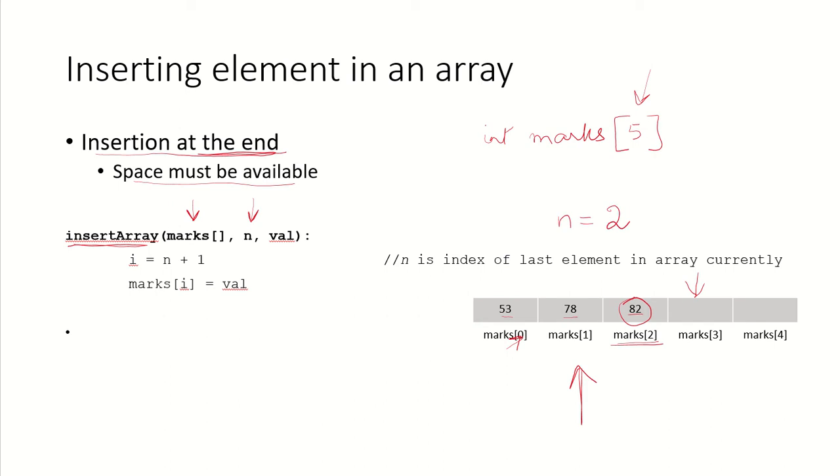The next empty space would be n plus 1. So we take another variable i, which we assign to n plus 1. So now n becomes 3. And at marks[3] now, we can add the element that we wanted to insert.